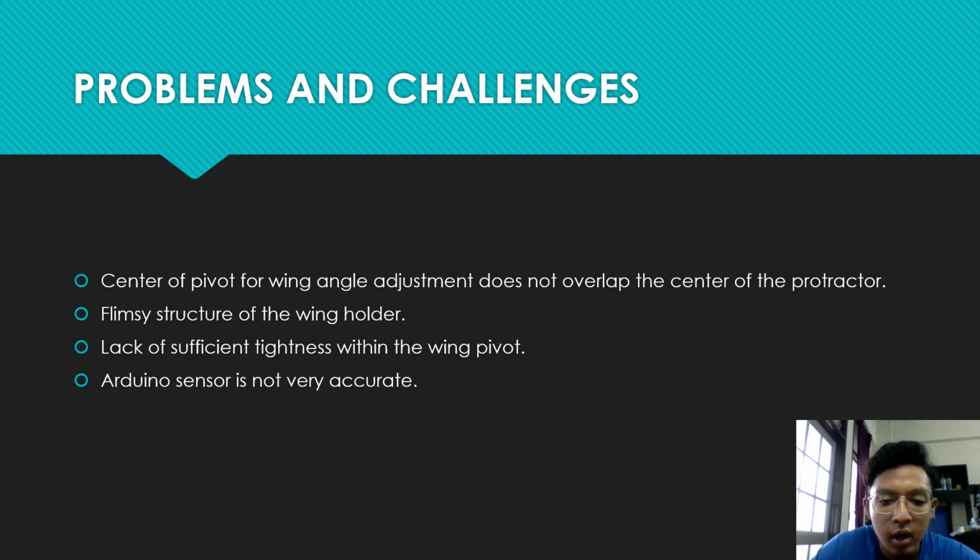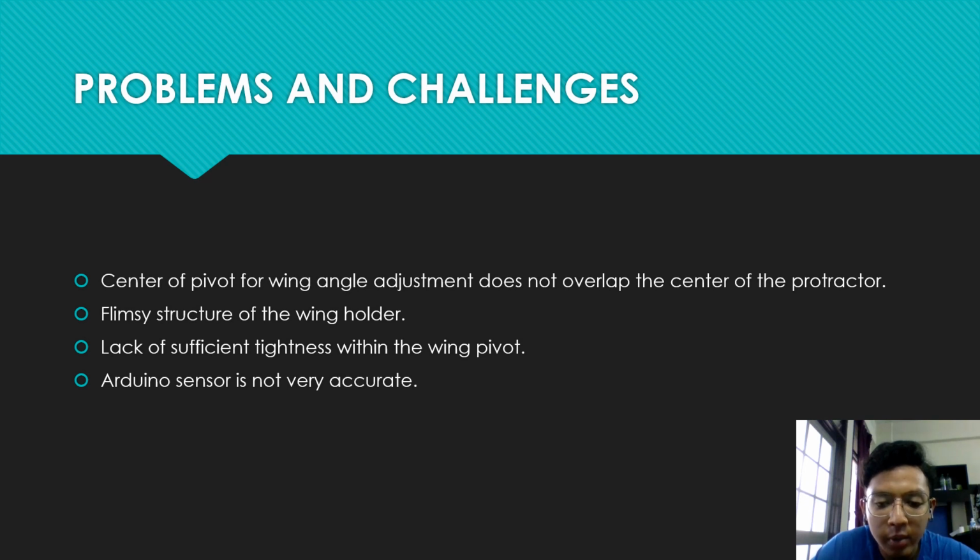And thirdly, the wing pivot cannot be adjusted to an ideal tightness. This is because also, at high wind velocities, the angle of the wing holder starts to change. The force from the wind pushes the wing to a different angle during the experiment.